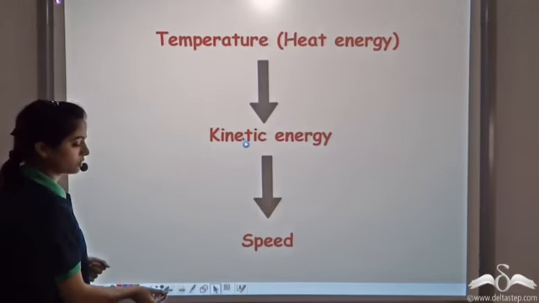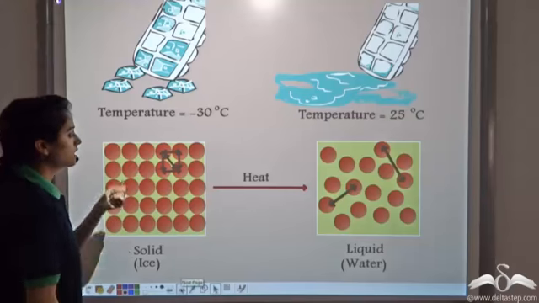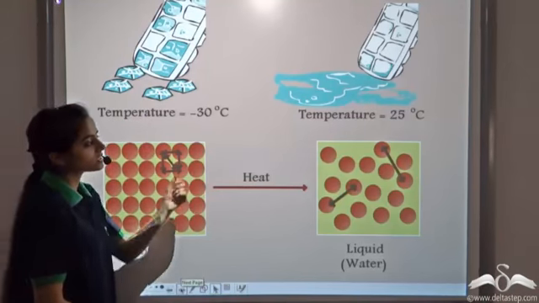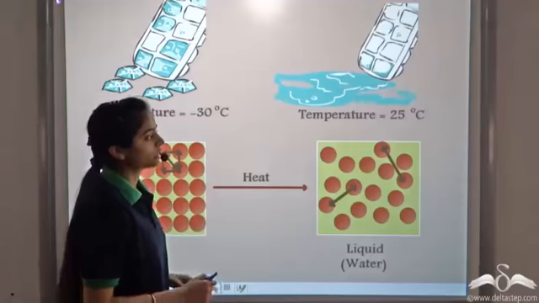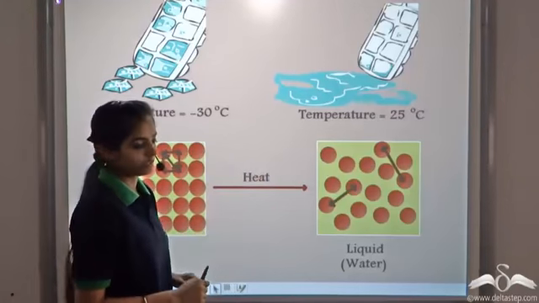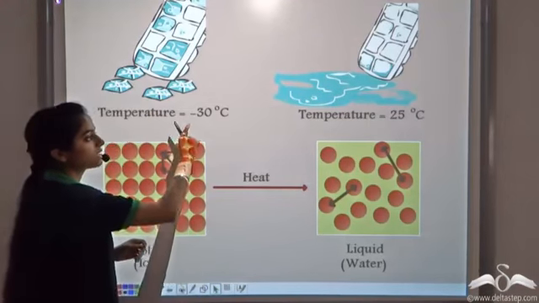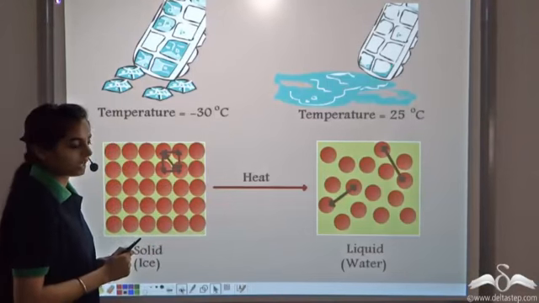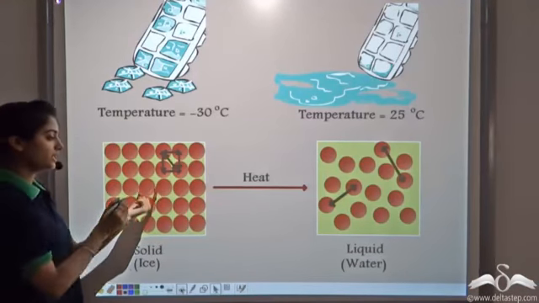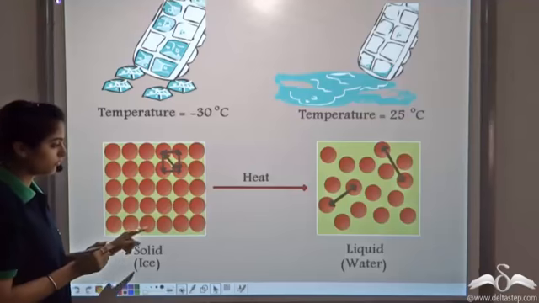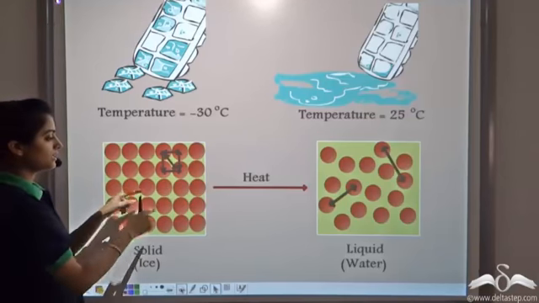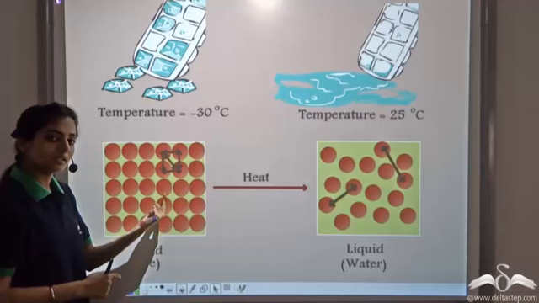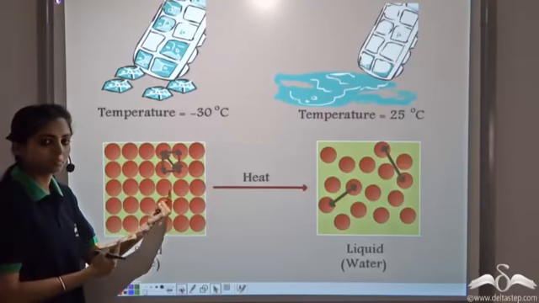Let's see what happens during melting. So we have ice or the solid form at minus 30 degrees Celsius, and the temperature of water at room temperature is 25 degrees Celsius. So there is an increase of temperature. That is, we are providing heat to the ice. So when we provide heat to ice, which is in the solid form, this heat gets converted to the kinetic energy. Now, greater the kinetic energy, greater is the speed of the particles.